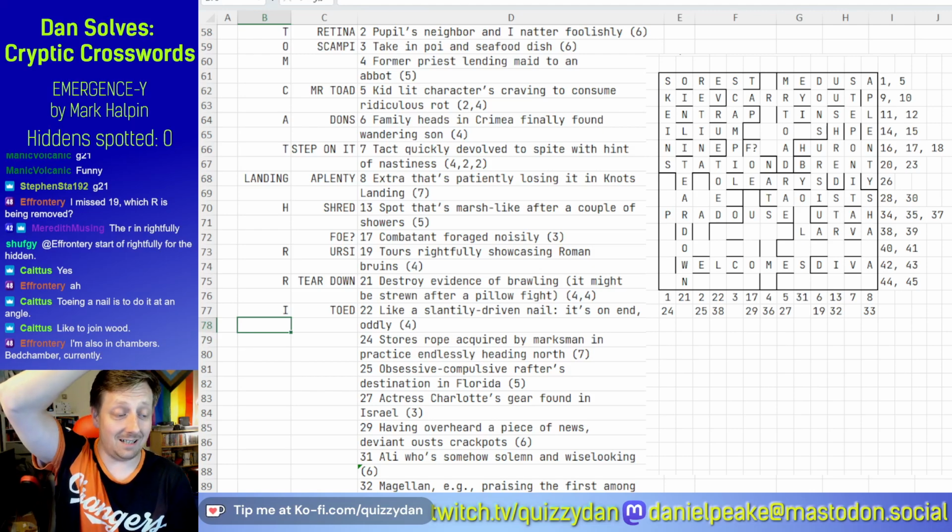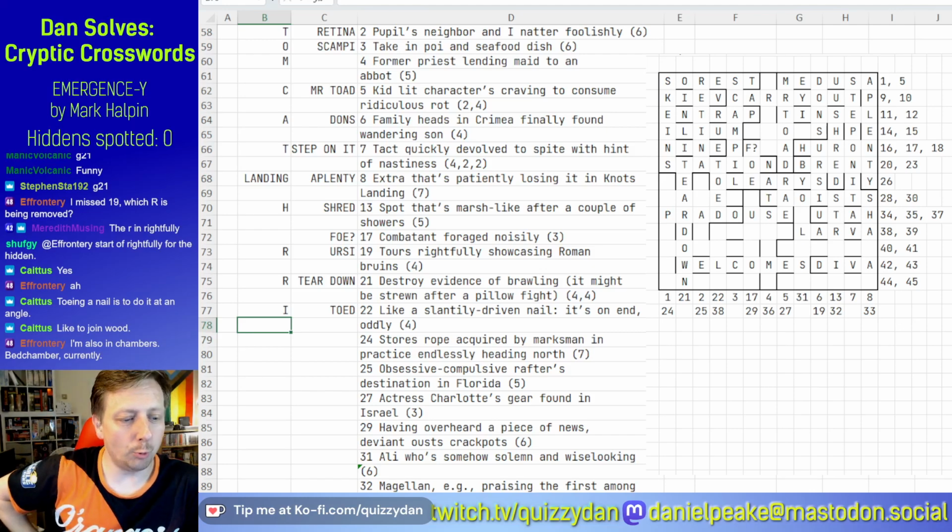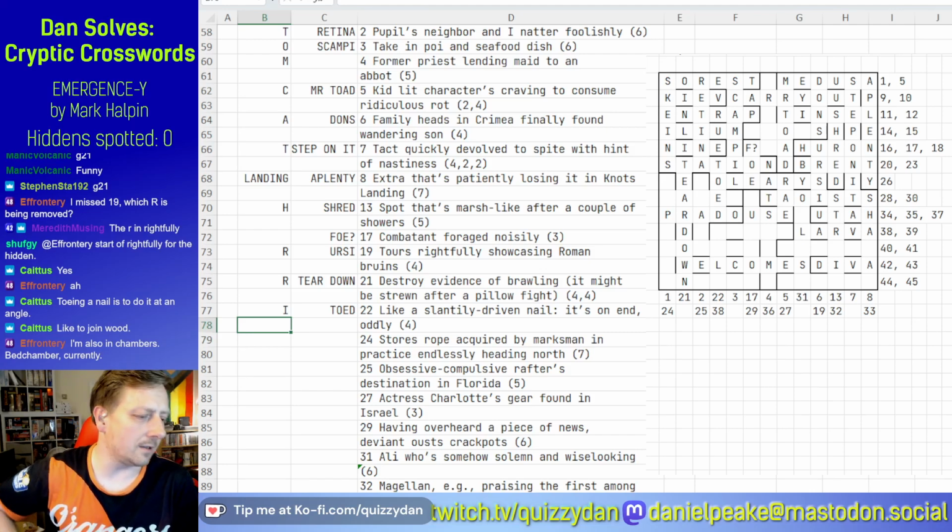Or it could be T for saws. Rope acquired by marksman in practice. Aim. Endlessly heading north. So something's going to be reversed, and we're going to reverse it. I'm going to come back to this clue. There's a lot going on there, and I need at least 1, 2, 3 more letters.